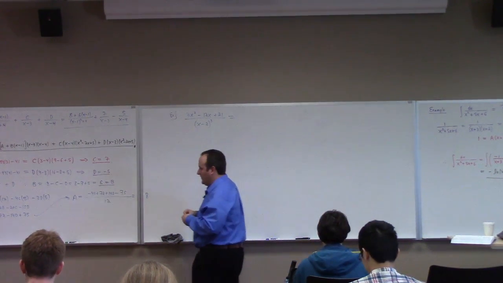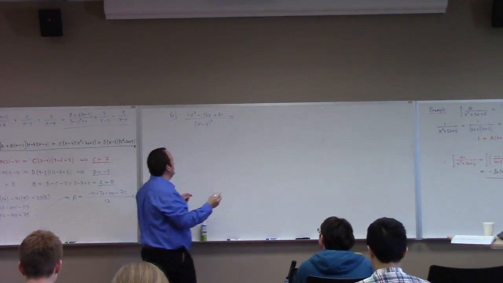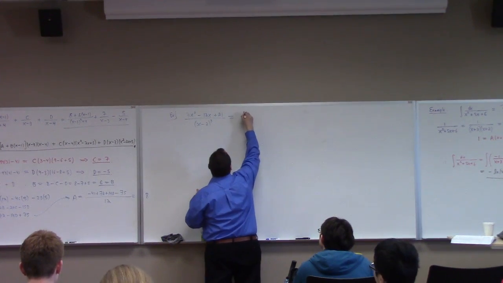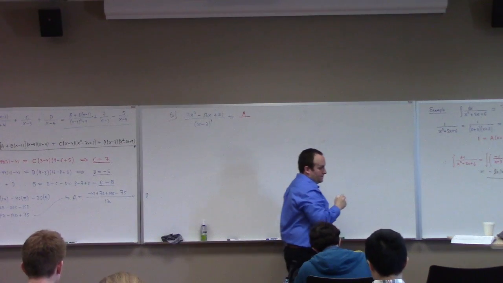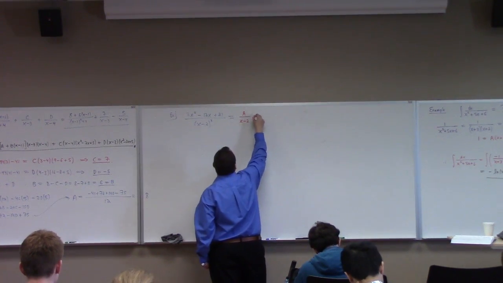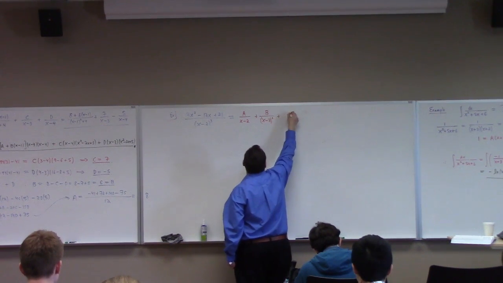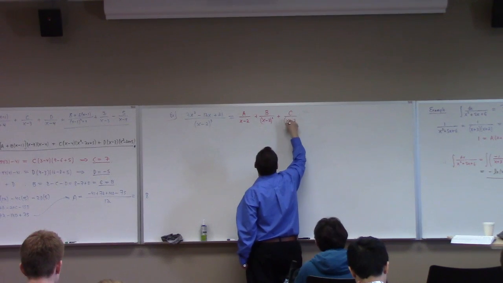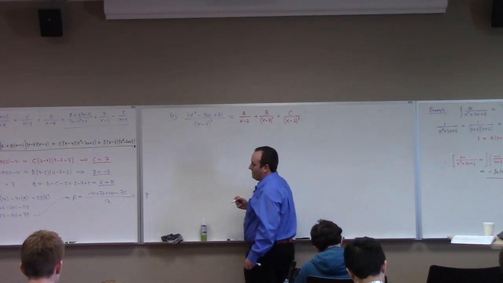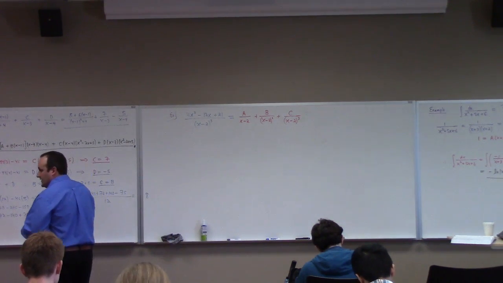Now, what's the partial fractions decomposition here? We try out a over x minus 2 plus b over x minus 2 quantity squared plus c over x minus 2 quantity cubed. Our goal, your mission if you choose to accept it, is to find a, b, and c.